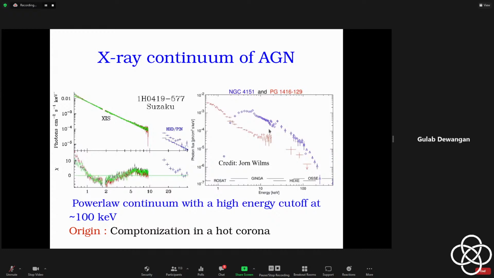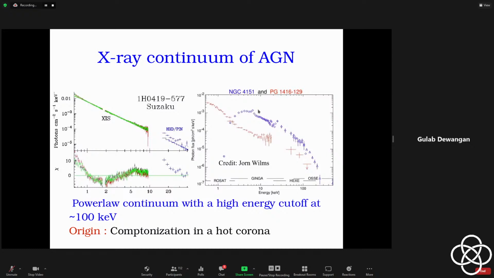The same thing you can see in NGC 4151. Again, the power law does not continue at high energy. Here we have better quality data, and the power law cuts off at about 100 keV. Actually, getting high signal to noise data above 100 keV is difficult, as these instruments are not very sensitive above 100 keV.